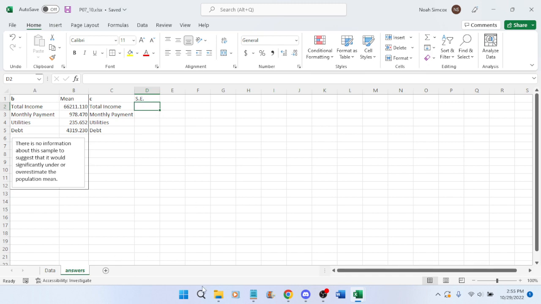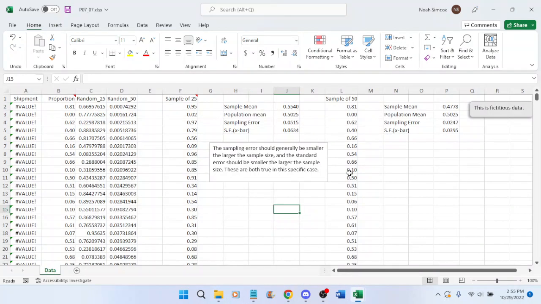So now the way to do this is you do standard deviation of the sample, probably, divided by the square root of the number of the sample.